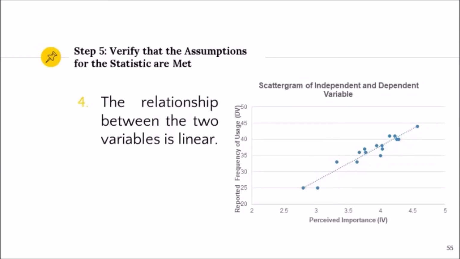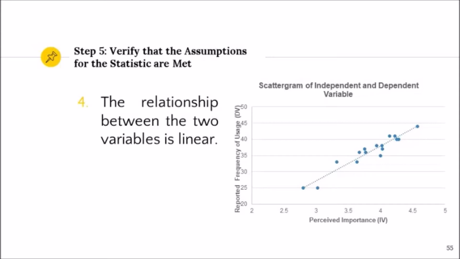The fourth assumption is that the relationship between the 2 variables must be linear. This was met because there is a linear relationship between the 2 variables, as you can see from the scattergram.